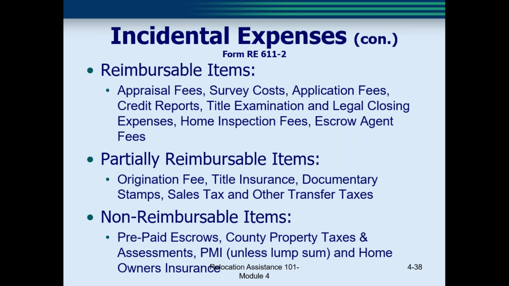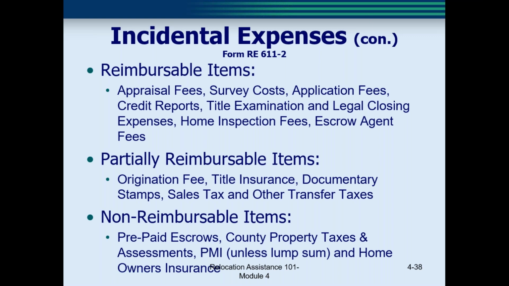For example, if the displaced person purchased a replacement dwelling that exceeds the cost of the agency's selected comparable, let's say the prime comparable was $100,000, and they go out and buy something that is $200,000, then they will incur additional costs in the purchase of that more expensive home. These expenses are not considered necessary and therefore not reasonable.